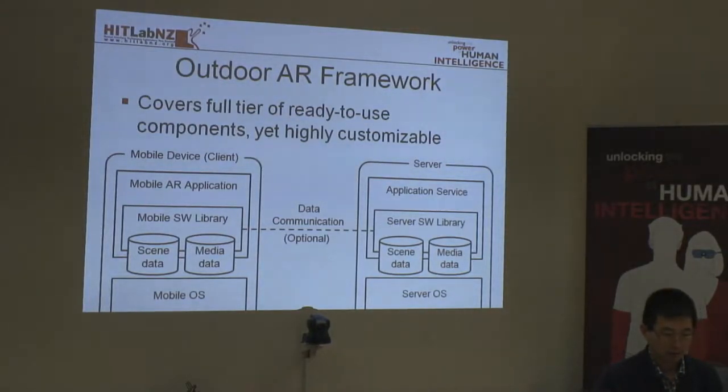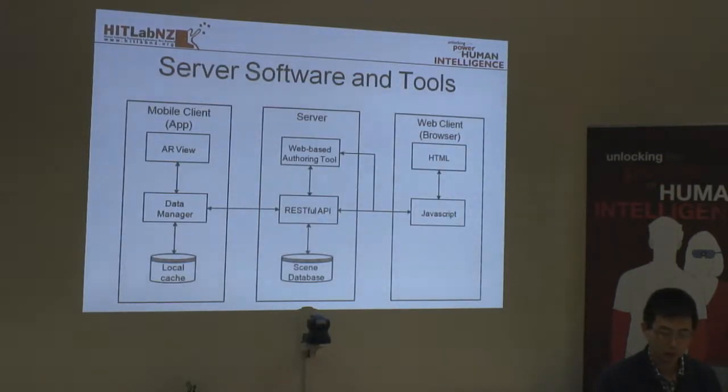So with the Outer AR framework, mainly we are developing a client library that you can run on an Android device so that you can quickly create a mobile AR application. You can use only the client part of the library, but we also have a server library so that the client can talk to the server to download up-to-date assets such as 3D models or descriptions in HTML pages.